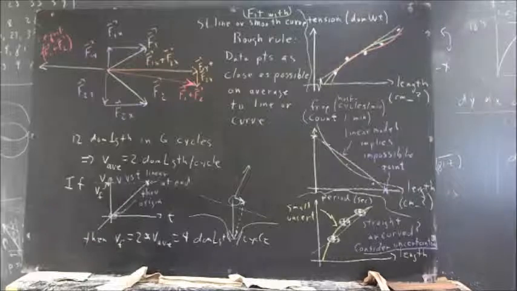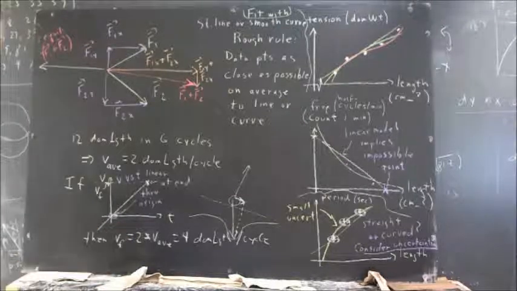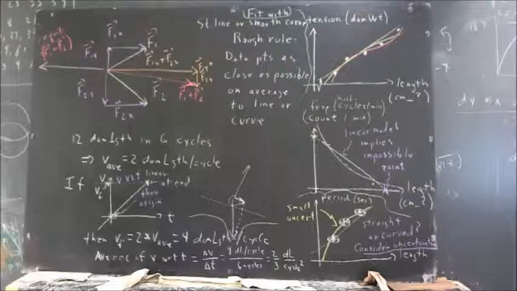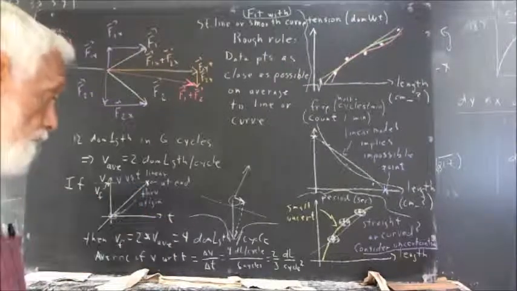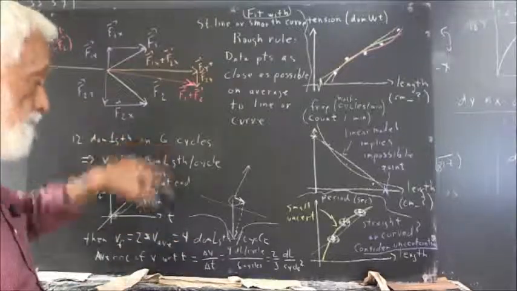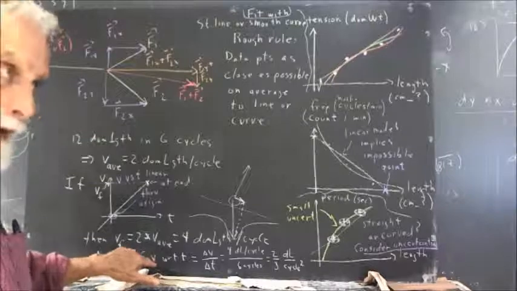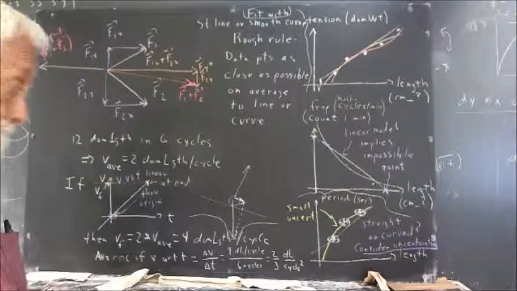Then we ask the question, at what average rate is the velocity changing? Well, the answer to that question is fairly straightforward. We take the change in velocity and divide by the change in time. That's what we mean by the average rate of change of the velocity with respect to time.